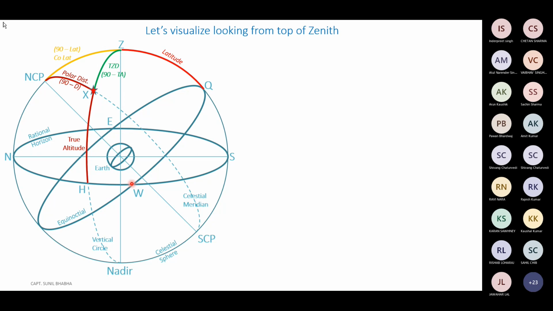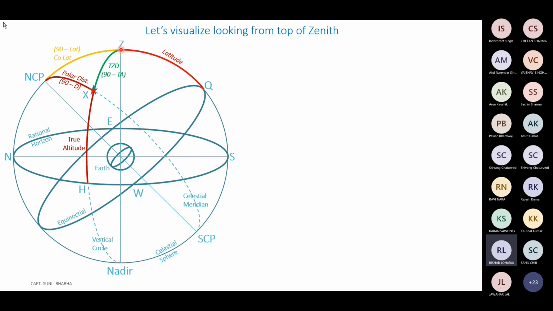But assume for the moment that you are able to go up to the zenith. Let's say you have a rocket accessible to you. You sit in the rocket, it takes off and it goes vertically upwards. Now, if that rocket goes vertically upwards, eventually at one point of time, it is going to reach the zenith of the observer. It's like a bird's eye view.